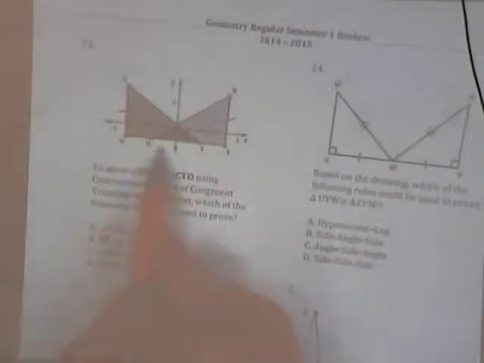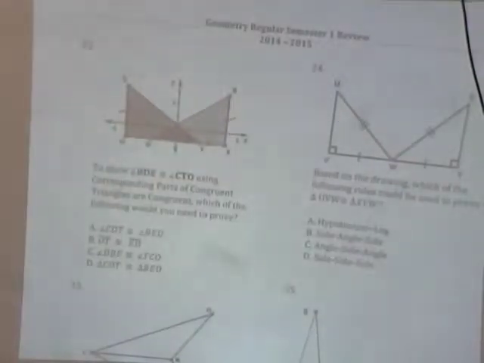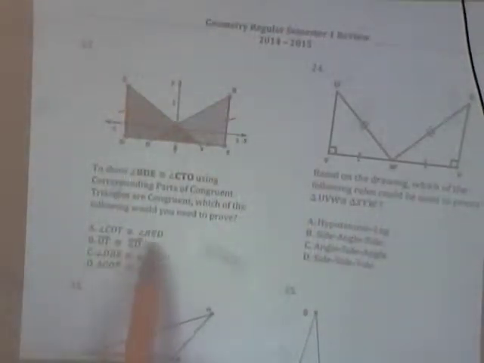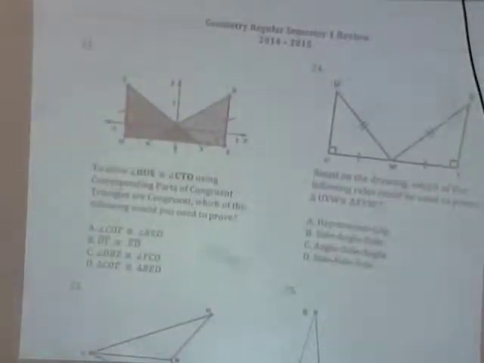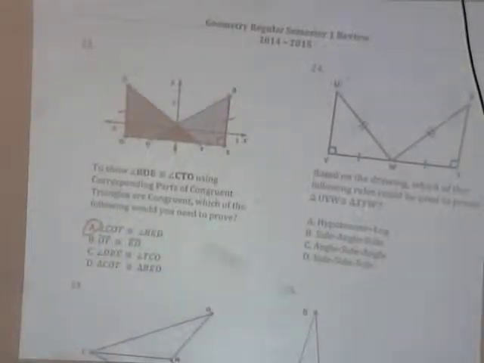We could count OT, 1, 2, 3, 4, 5, 6, and DE, it would be 6 also. So that's how we can go to that side. What does this give us? COT is congruent to B. That would give us this angle. So then by side, angle, side, we can prove the 2 triangles congruent. A. By side, angle, side.